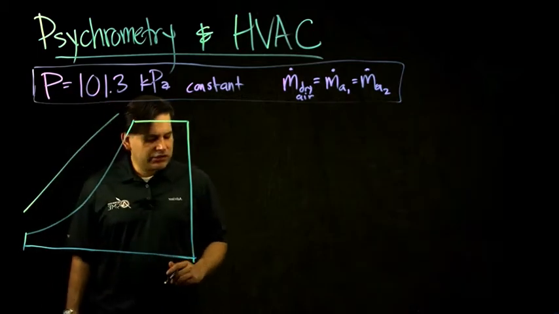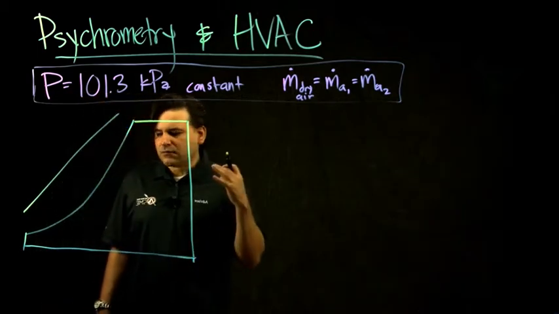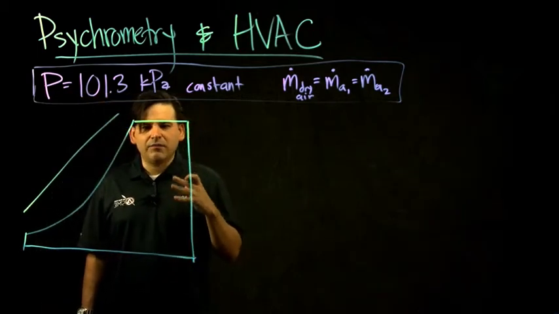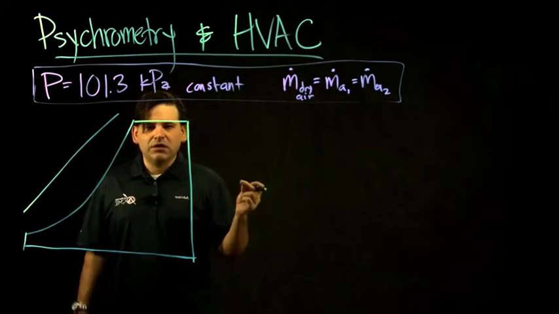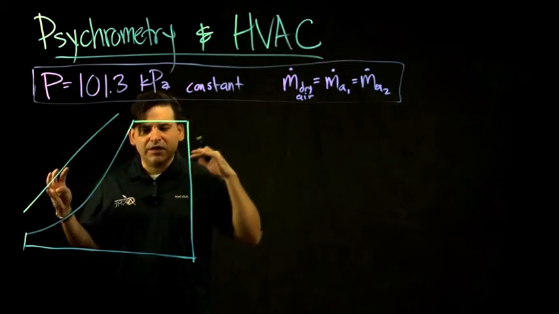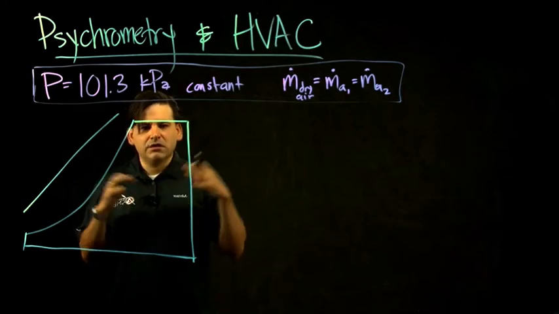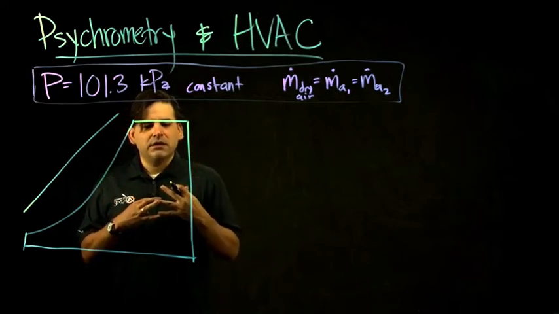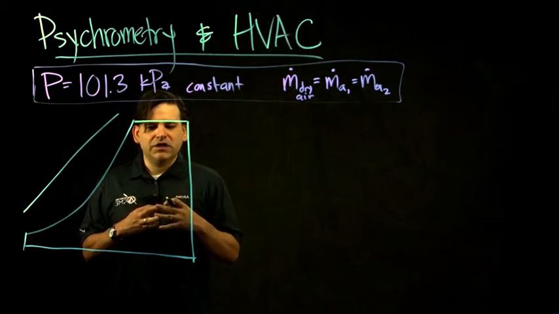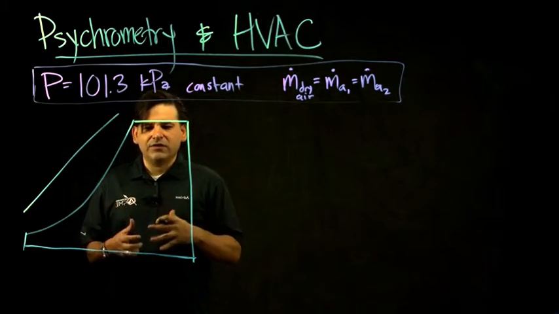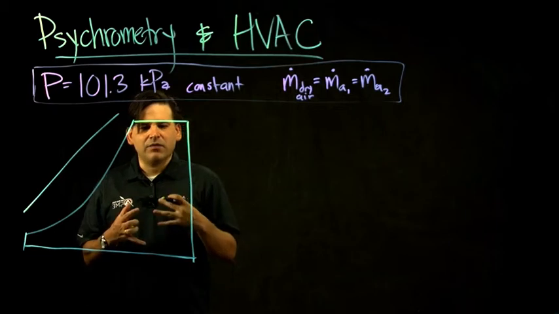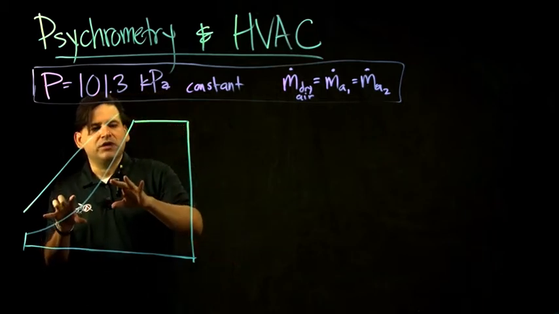What this chart is capturing is properties of a dry air plus water vapor mixture. There's a dry component, but then in the gas there's water there. So it's a uniform mixture with some water vapor in there. Since it's a mixture, it has average properties, and this chart helps to keep track of that.